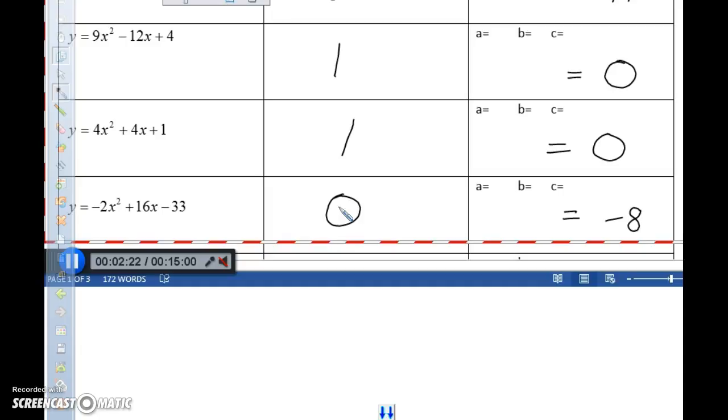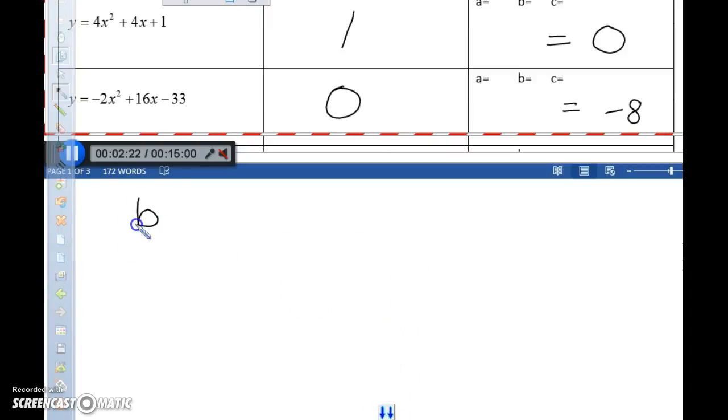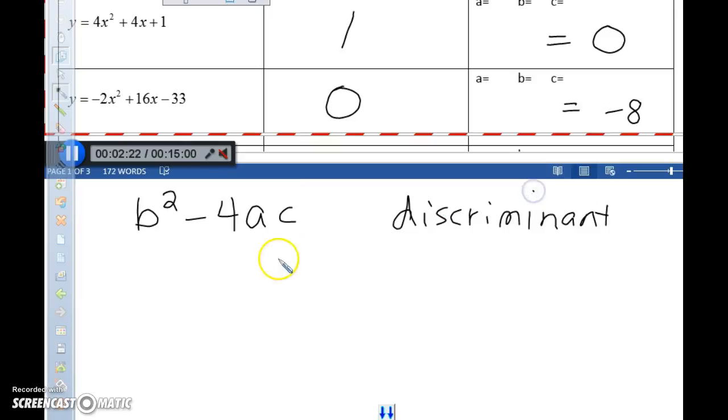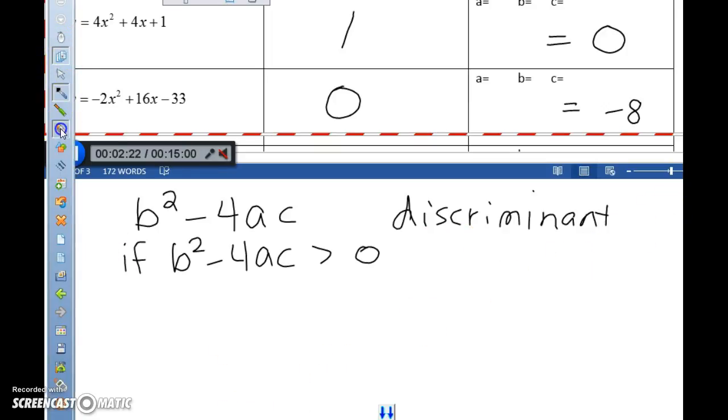This little formula that you used is what we call the discriminant. So, if b squared minus 4ac is positive, let me just write it in words, because otherwise you're going to get mixed up.